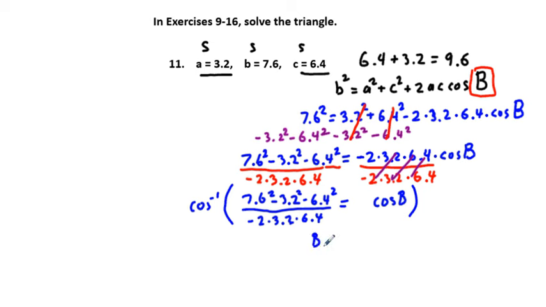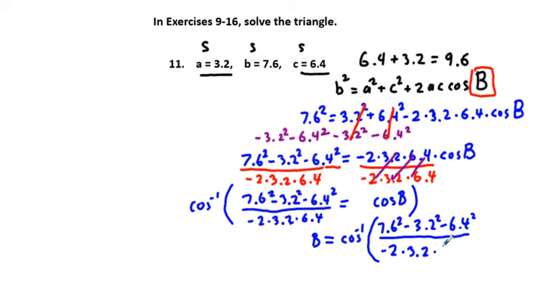B is equal to the inverse cosine of 7.6 squared minus 3.2 squared minus 6.4 squared, and that's all going to be over negative 2 times 3.2 times 6.4.